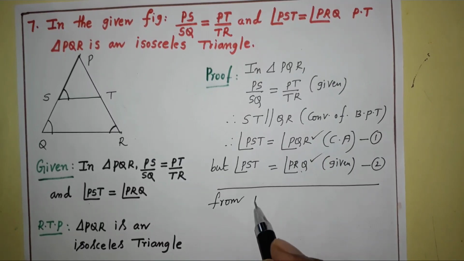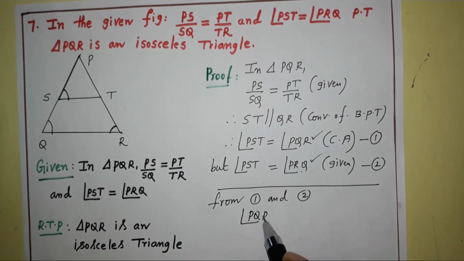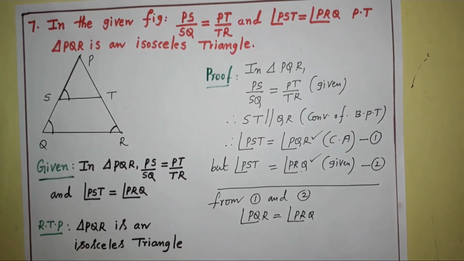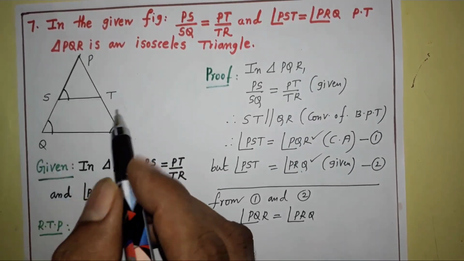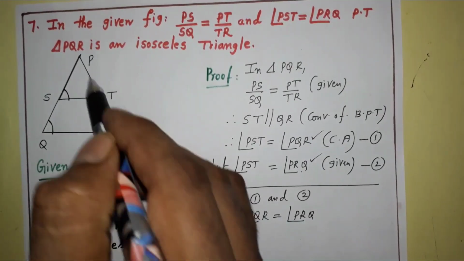So from 1 and 2, you can write angle PQR is equal to angle PRQ. These two are the angles in triangle PQR.